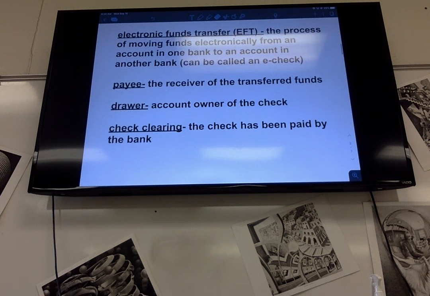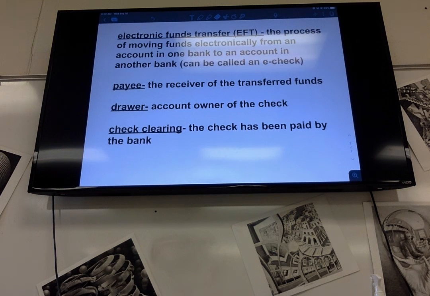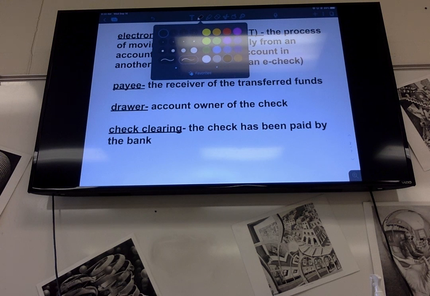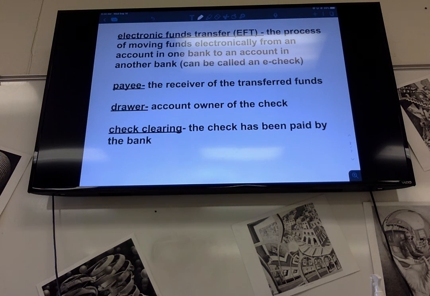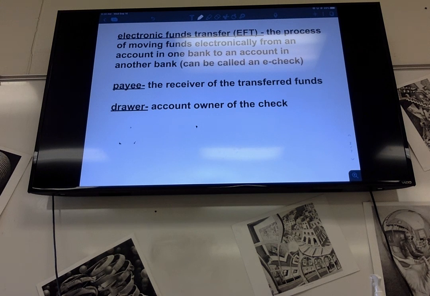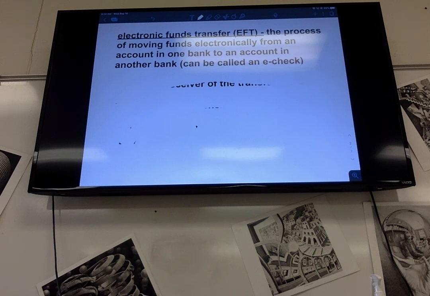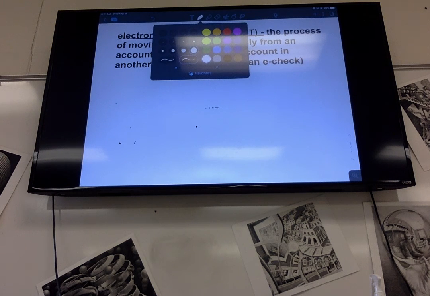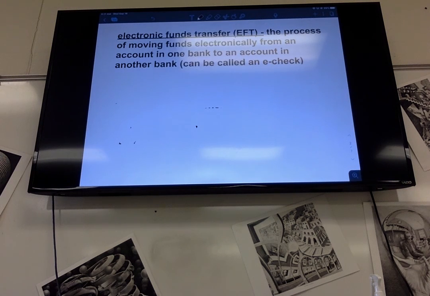A few more definitions. Talk about electronic funds transfer. That's what most of us actually do.